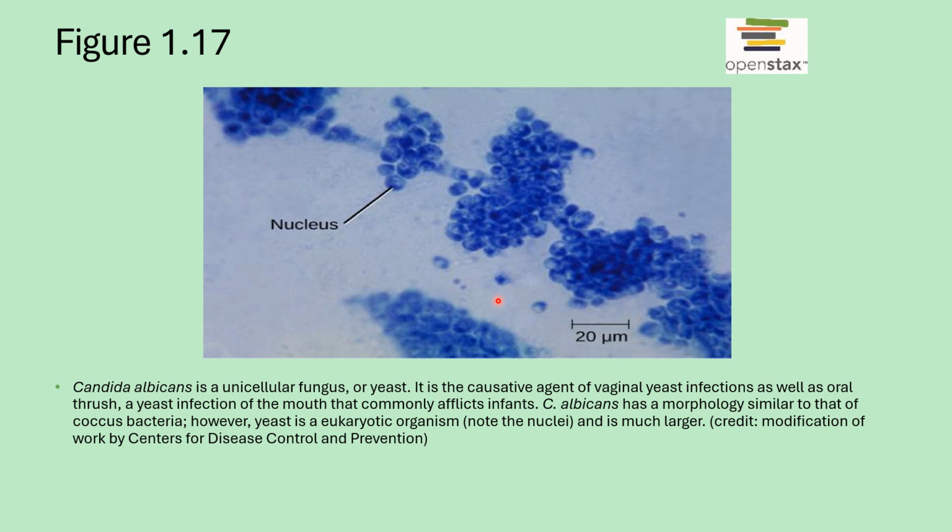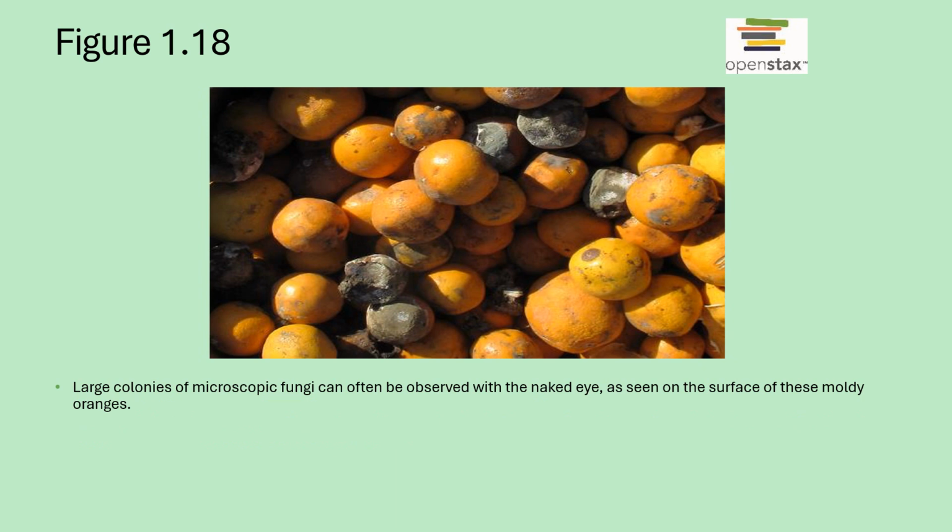One just kind of buds off the other, and so you see these clumps of several yeast cells clumped together. And as I said, because they often do cause diseases in plants, that is a concern in the farming industry.